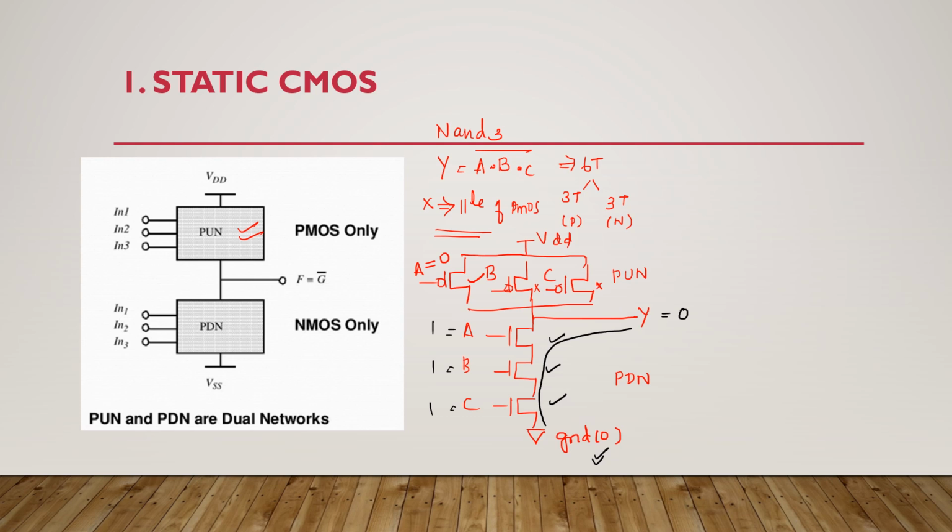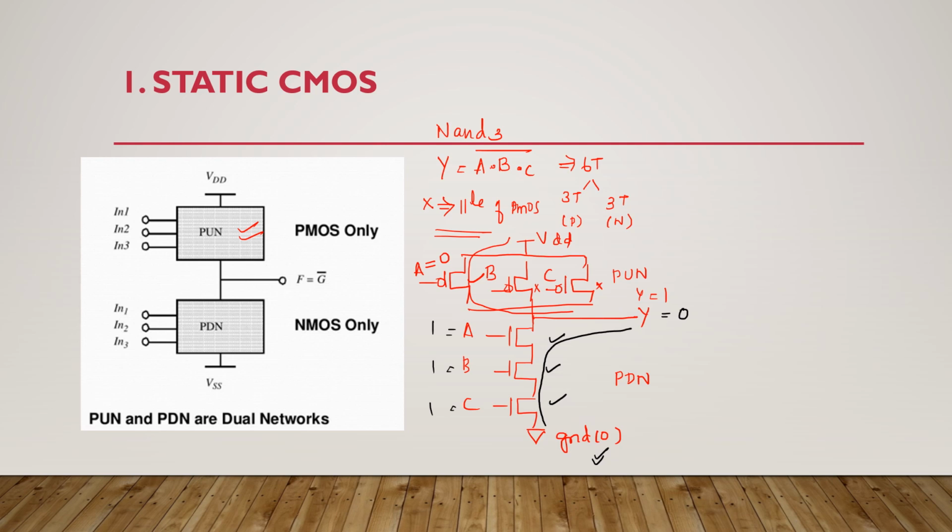But because the input A is 0, this transistor is on. So due to this transistor, the output is connected to supply VDD, so now the output will become 1. So if any one of the inputs is 0, definitely the output is 1. If all the inputs are 1, you will be getting 0. This is the operation of the NAND gate.